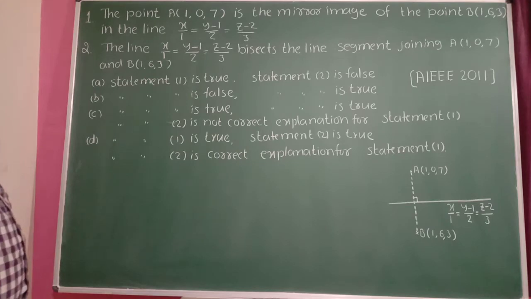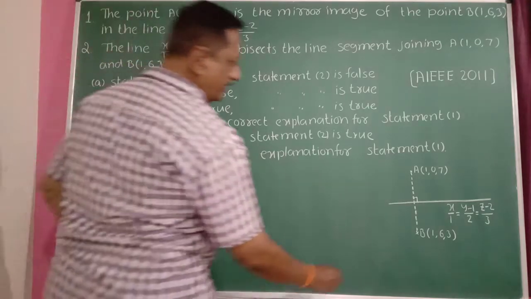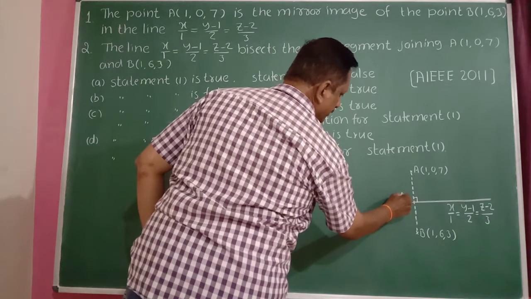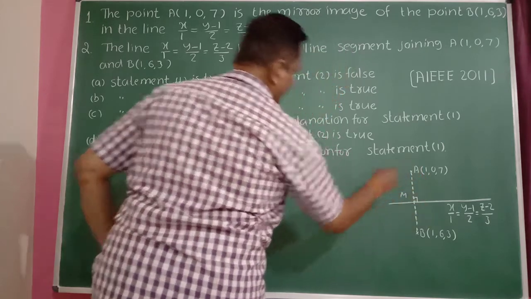Four options are there. Therefore, first you find the midpoint of AB.